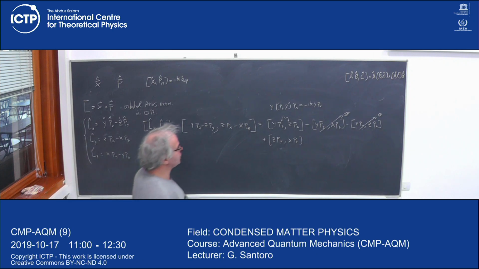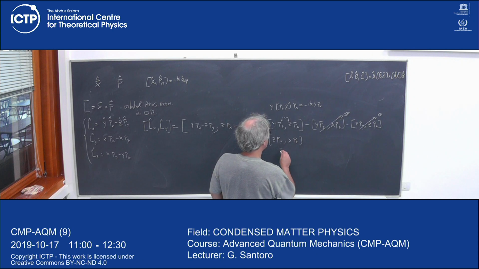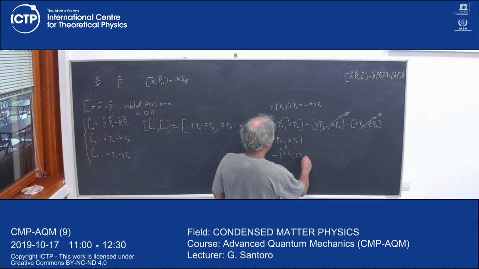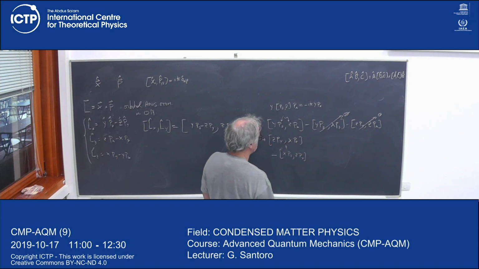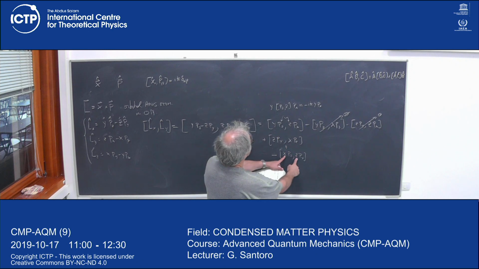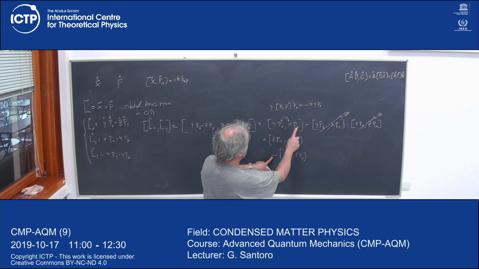Good. What about this object? This object, you can write it in a rather similar way. Just take minus the commutator of x pz with z py. Okay, just exchanging the two things. And then it's precisely the same object, except that there is a minus and there is an interchange of x and z.